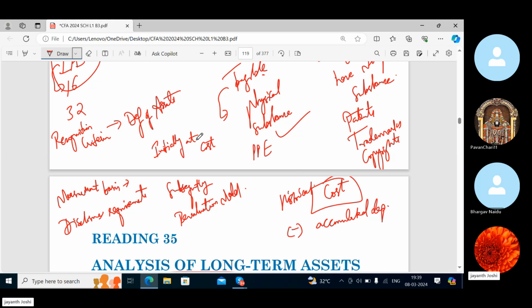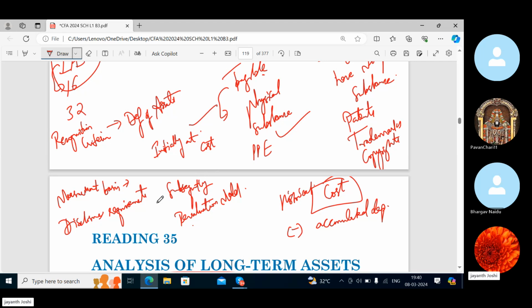Here also, initially at cost, and if you are showing at cost, the treatment goes the same way. You have to reduce the accumulated depreciation amount from the asset value every year, which is a shadow account of this non-current asset. A shadow account is like a contra asset account, which reduces the value of the asset.